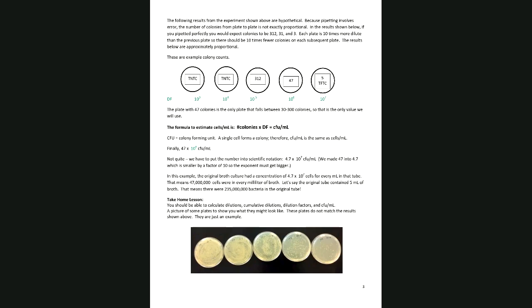So if you know the 10 to the 6 plate is 47, how many colonies would you estimate to be on the 10 to the 5 plate? If there's 10 times difference between these, and this is 10 times fewer than this plate, what would be your estimate?